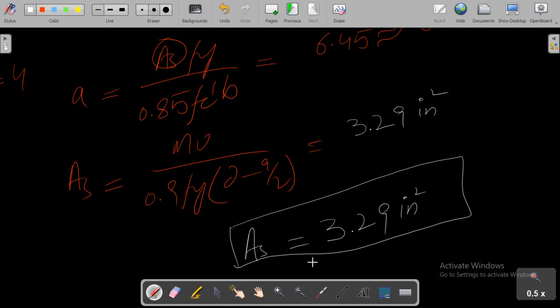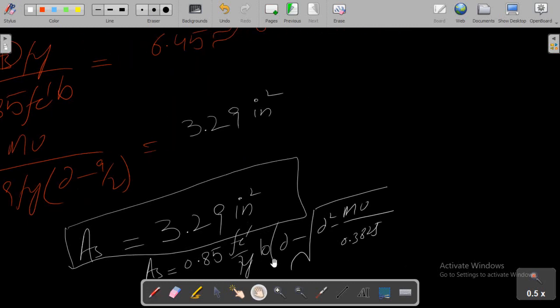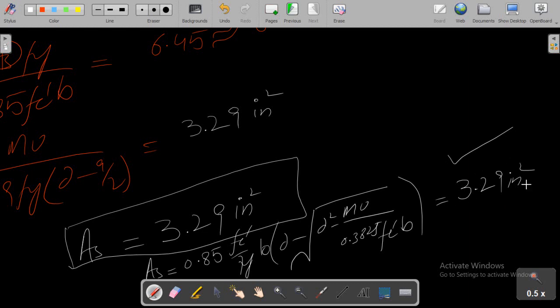And if you remember, in the first method, where we used the direct equation, As equals 0.85 Fc prime divided by Fy into b into (d minus the square root of d squared minus Mu divided by 0.3825 Fc prime b), this equation also gives us 3.29 square inches. So 3.29 square inches is the exact amount of the area of steel, right?